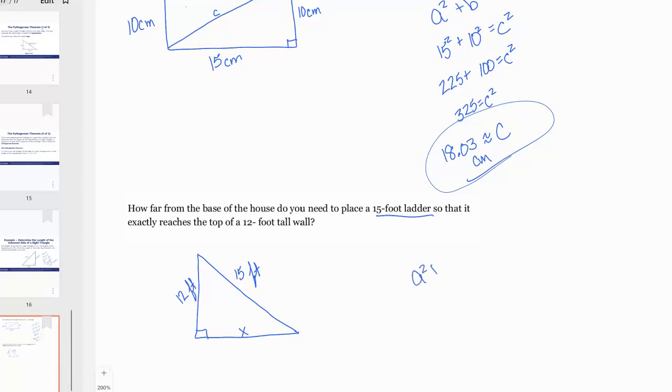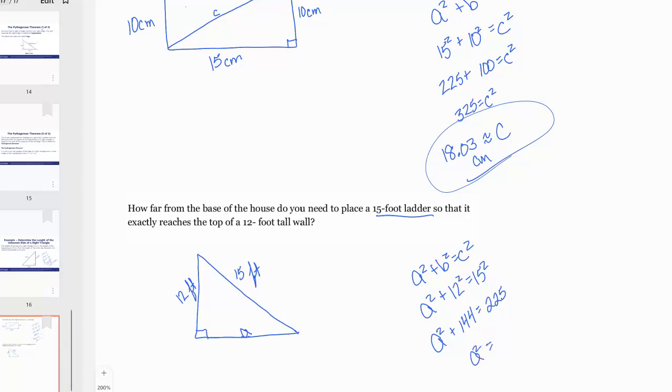So we know a squared plus b squared is equal to c squared. So we don't know what the side is. Instead of x, I'm going to call it a. So I've got a squared plus 12 squared is equal to 15 squared. 12 squared is 144. 15 squared is 225.